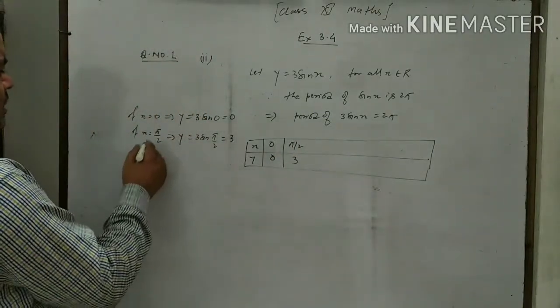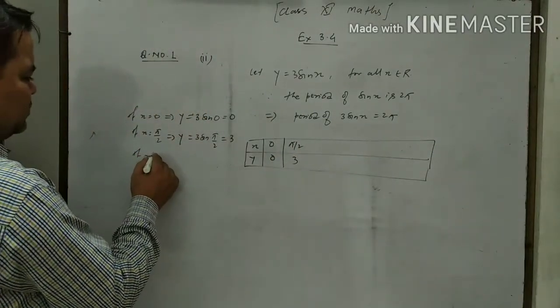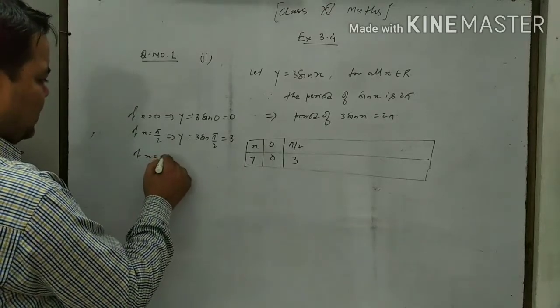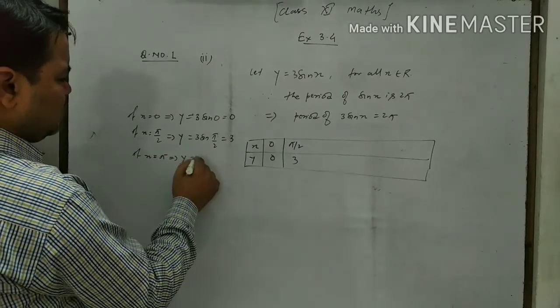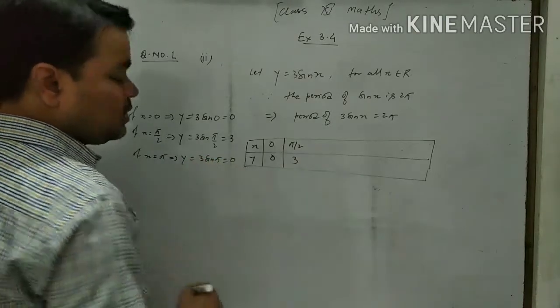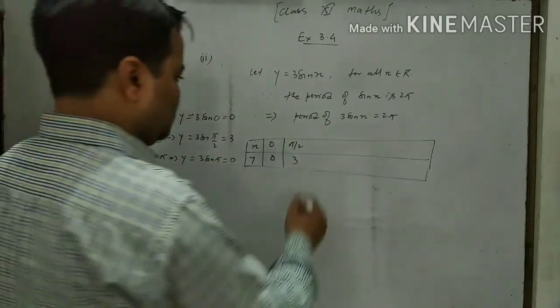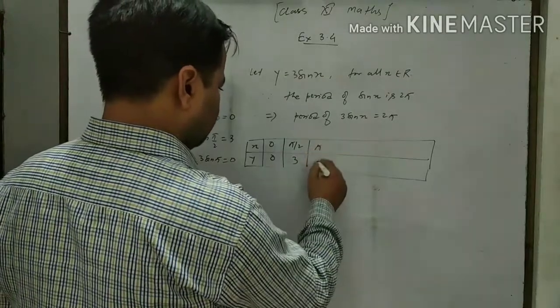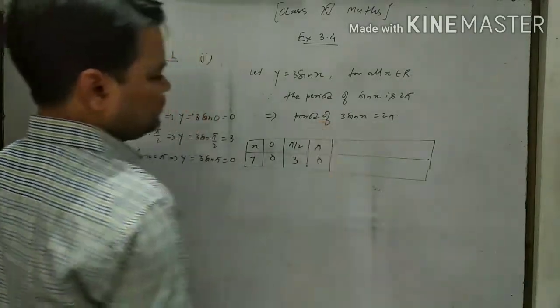Again, if x is equal to pi, then y is equal to 3 sin pi. Its value will be 0 because sin pi is 0. So at pi its value will be 0.